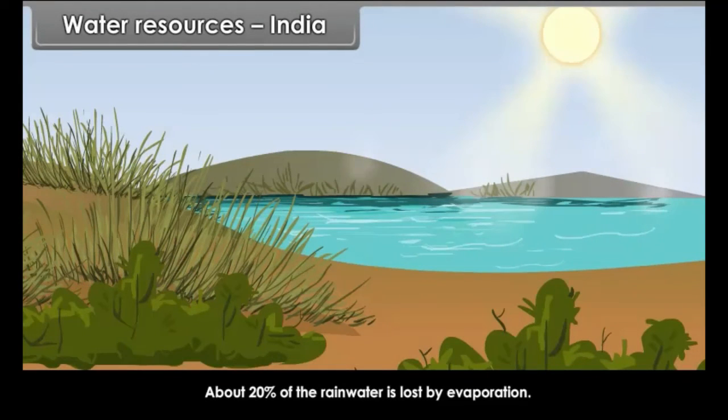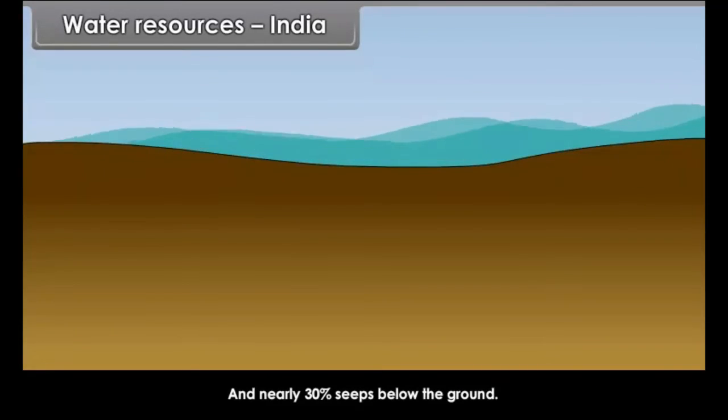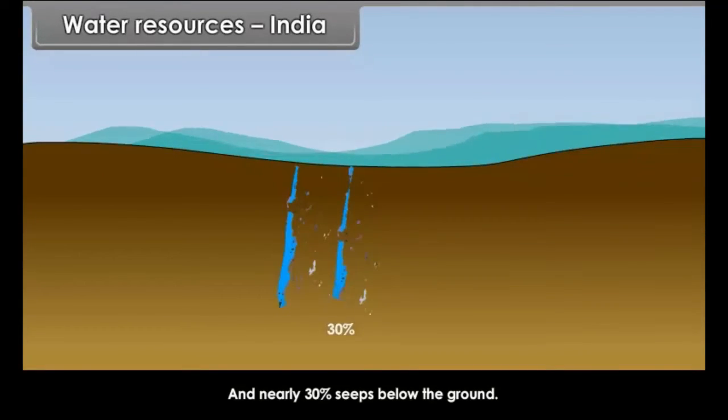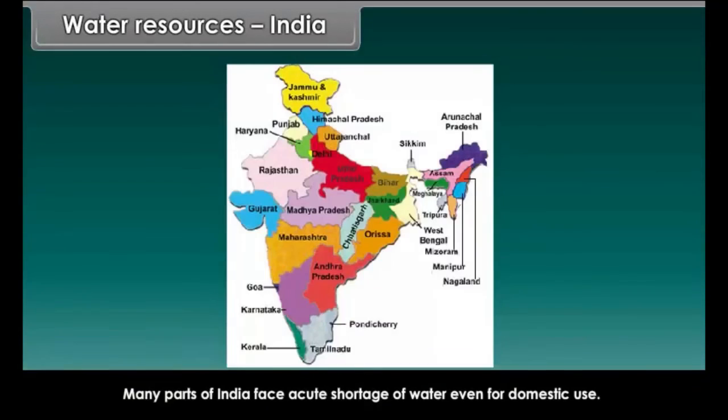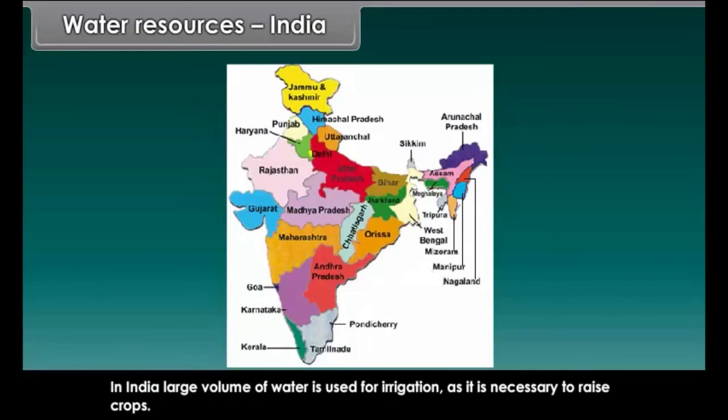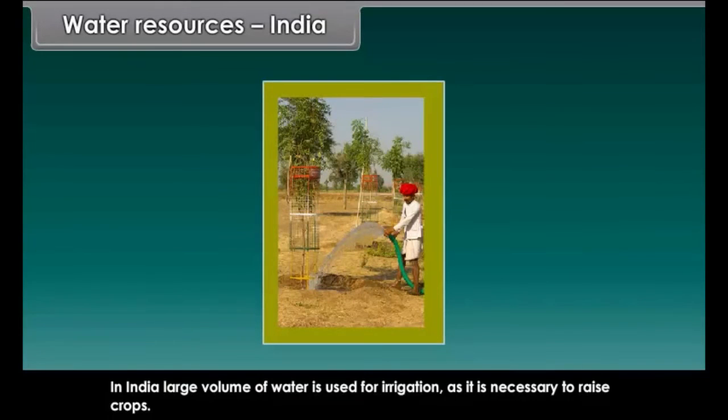About 20% of the rainwater is lost by evaporation, and nearly 30% seeps below the ground. Many parts of India face acute shortage of water, even for domestic use. In India, a large volume of water is used for irrigation, as it is necessary to raise crops.